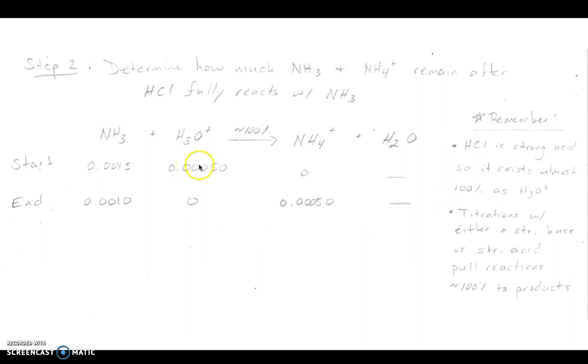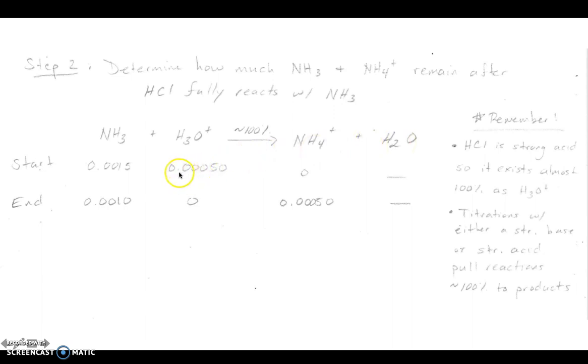At the moment I mix them together, there is no ammonium because I didn't add it, and we're just ignoring water. One of the first assumptions that we talked about in chapter 17 is that if we're doing a titration with either a strong base or a strong acid, because of that strong acid or strong base, it's going to pull this reaction all the way to the products.